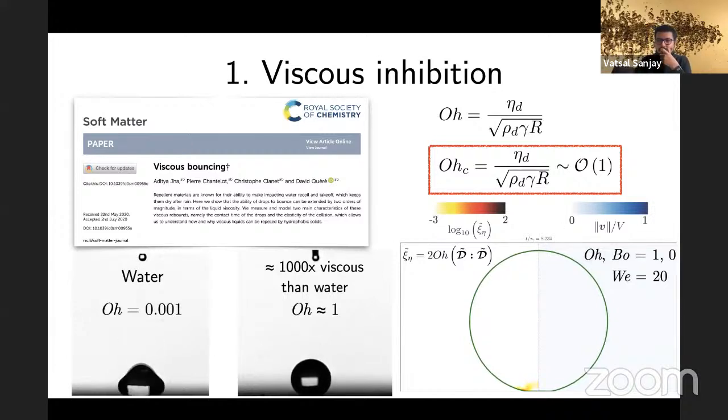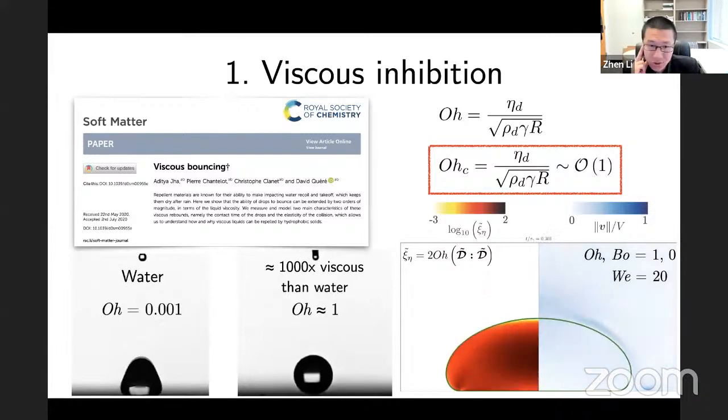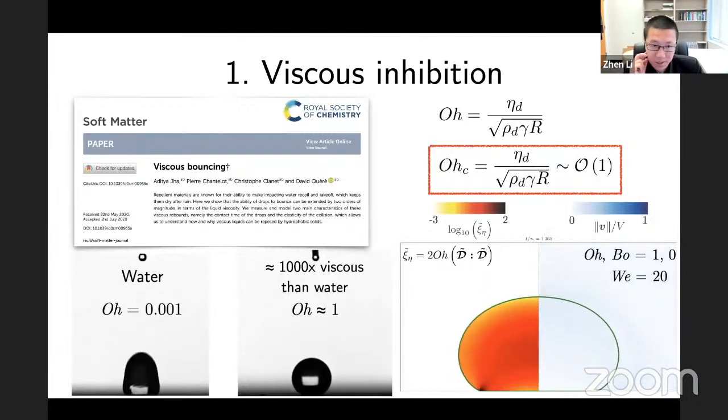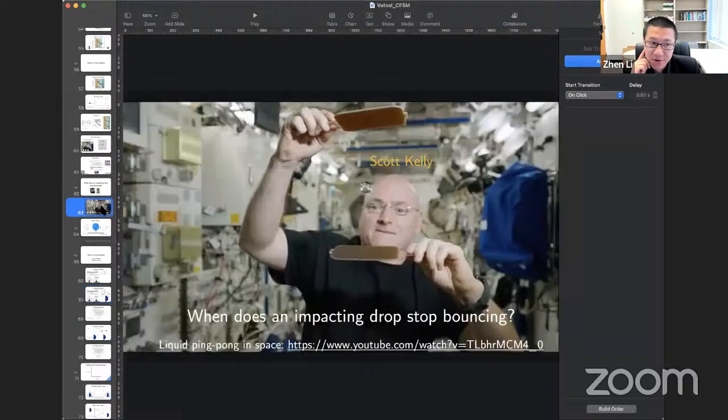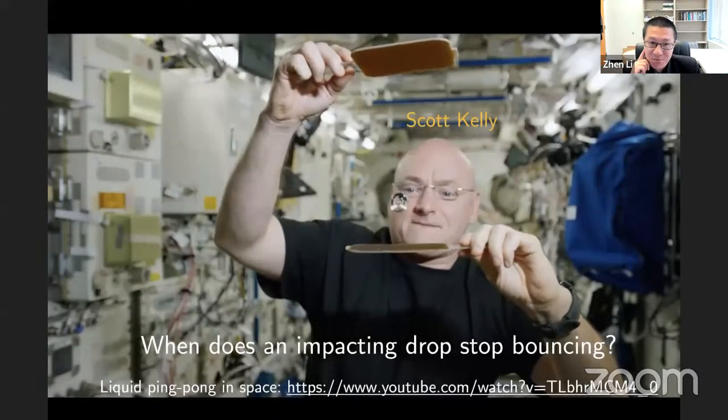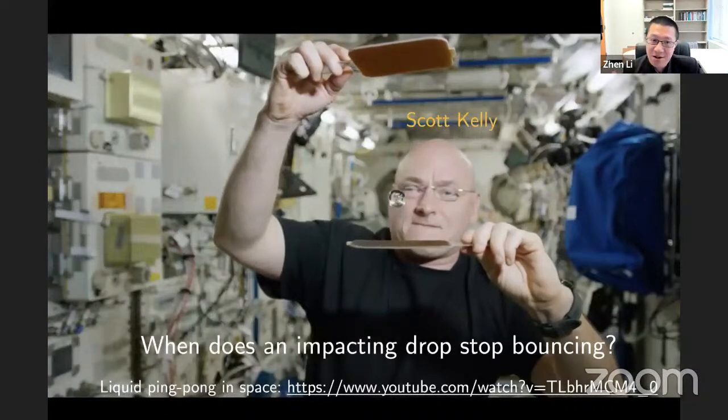Okay, another question. You show an experiment done in the International Space Station. For the droplet, whenever you go to space, the size can be huge.